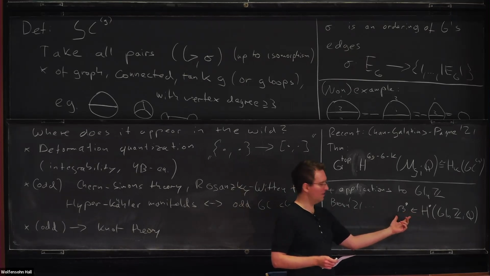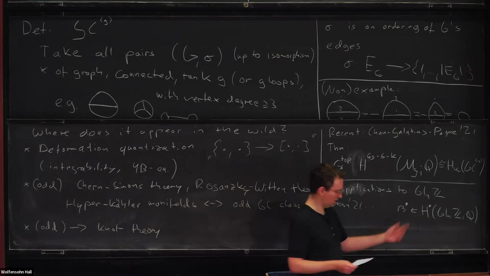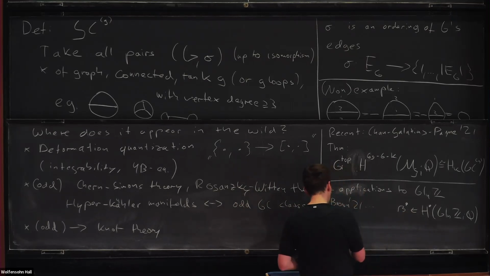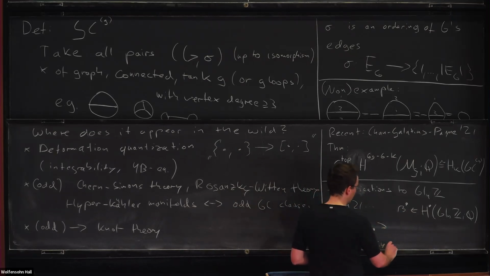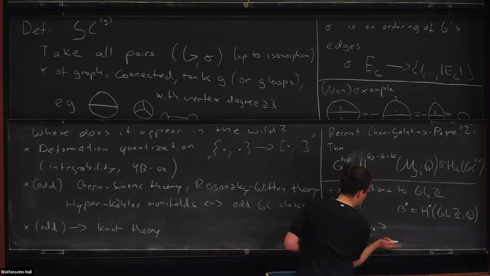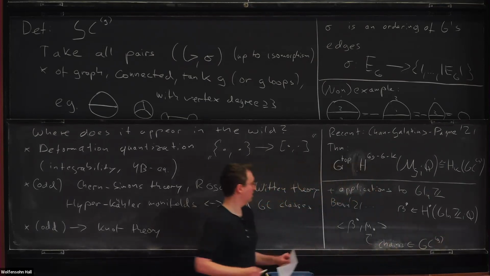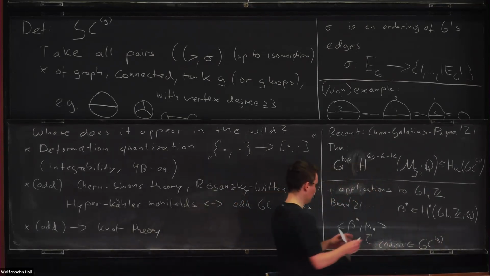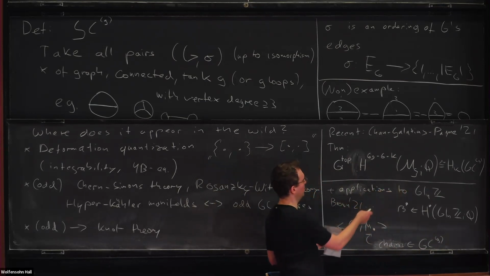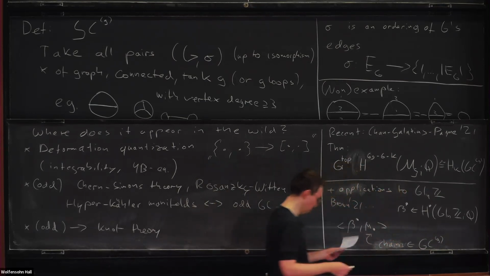It's all in the stable cohomology of GLNZ. And you can pair these with cycles, or actually not only cycles, but with chains. They have to have the appropriate degree, but there's a pairing that was figured out by Brown.